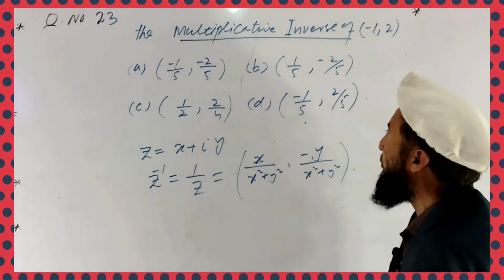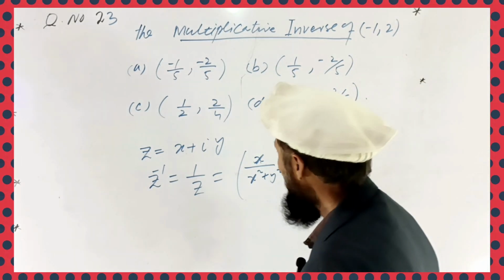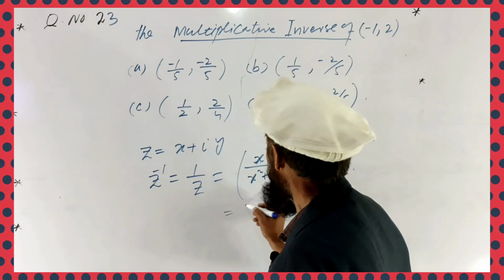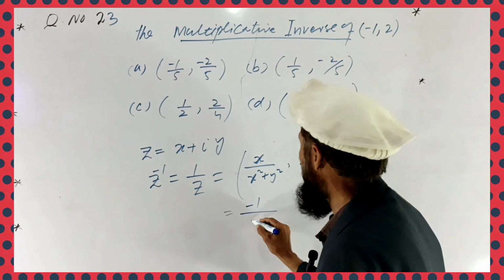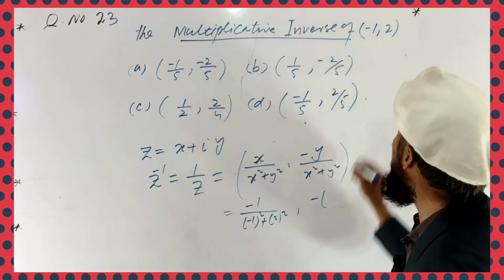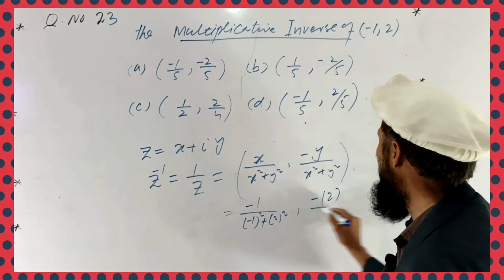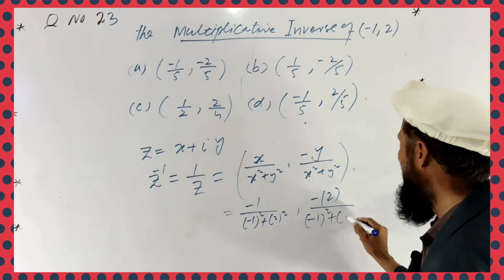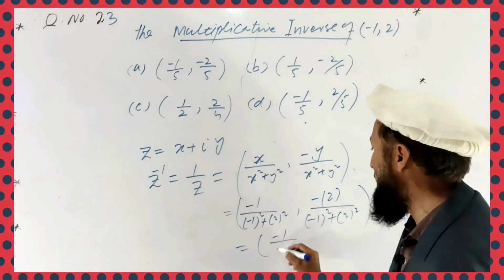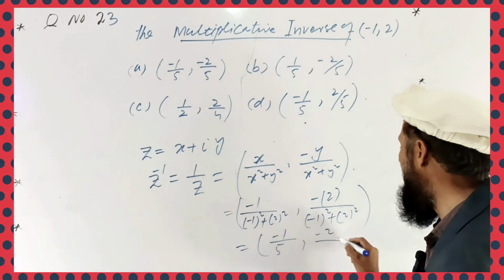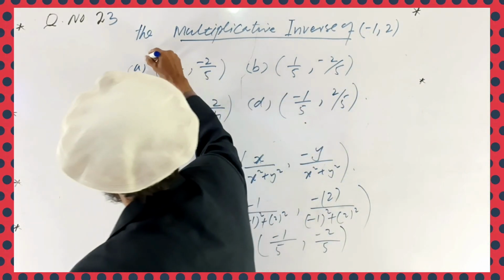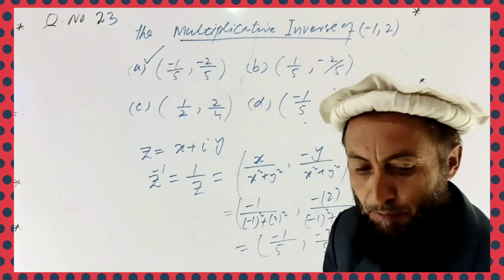Using this property, with x equal to minus 1 and y equal to 2, we get minus 1 divided by minus 1 whole square plus 2 whole square, and similarly minus 2 divided by minus 1 whole square plus 2 whole square. So the result is minus 1 over 5 and minus 2 over 5. The first option is the correct answer according to the property.